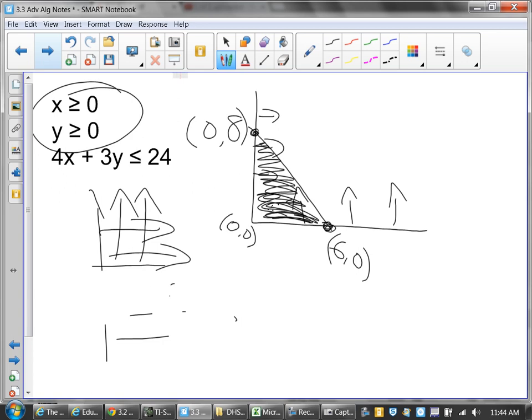Yeah, it's where everything overlaps. Because the third inequality was 4x plus 3y is less than or equal to 24. So when I drew my line, it was here. I had to test 0, 0 to see which way it was shading, and it was shading in this direction.